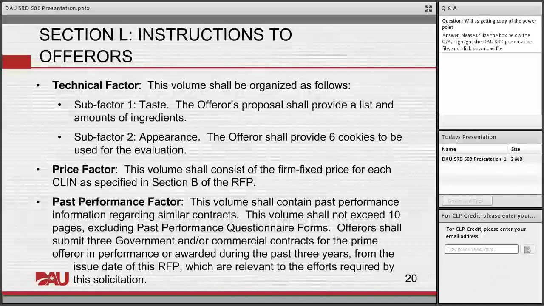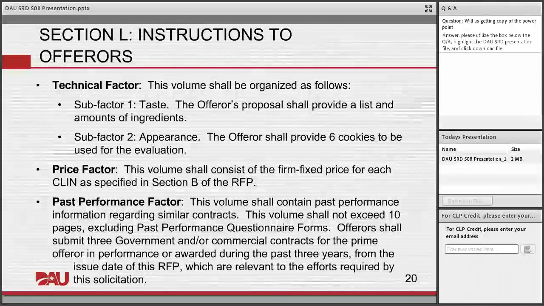So we're going to have them provide us a bid sample so that we can conduct our taste and our appearance evaluation. And then for the price factor, it's firm fixed price. Remember, we told them that at the beginning of Section M. So we want to know how much you are charging me per cookie, and then the unit price times the quantity equals the total price, and that's the total evaluated price, okay?